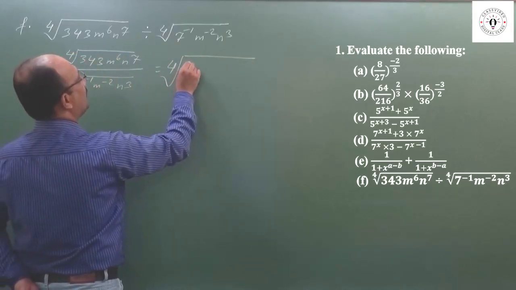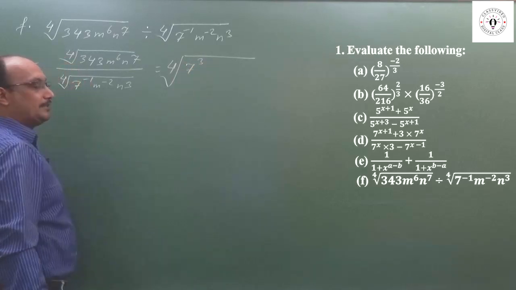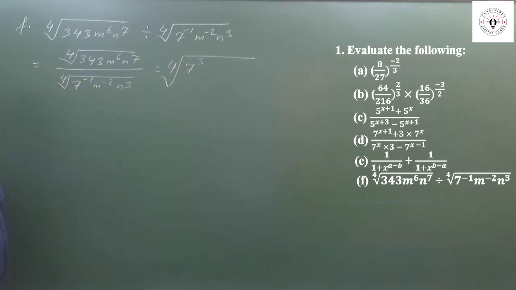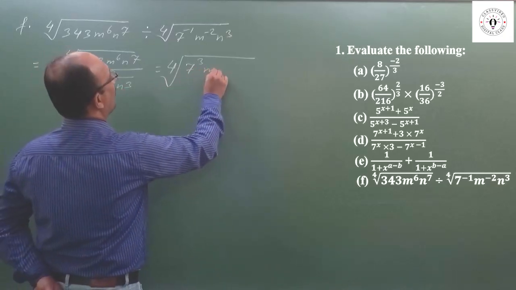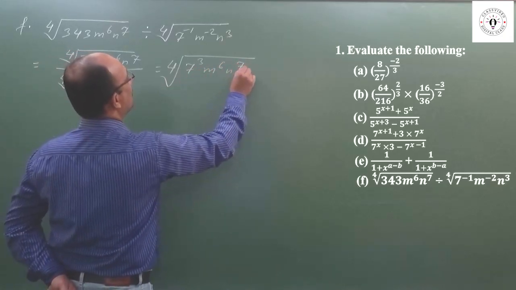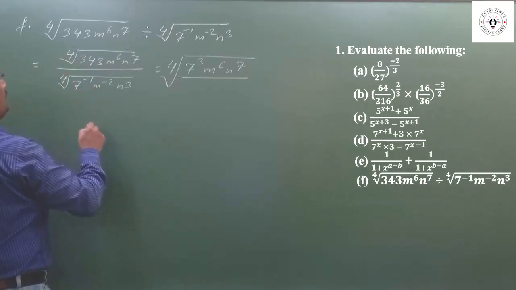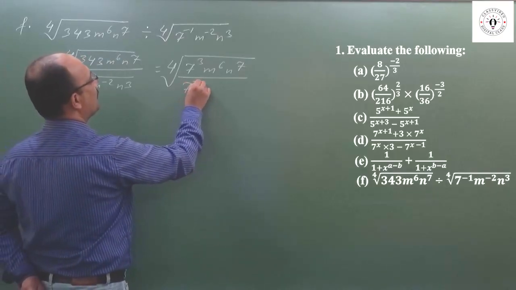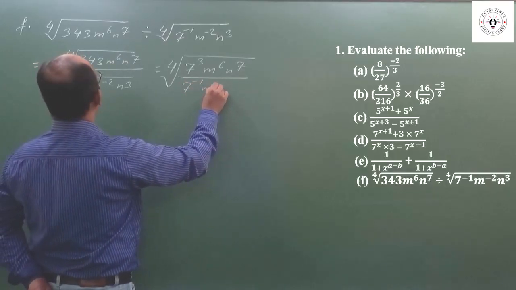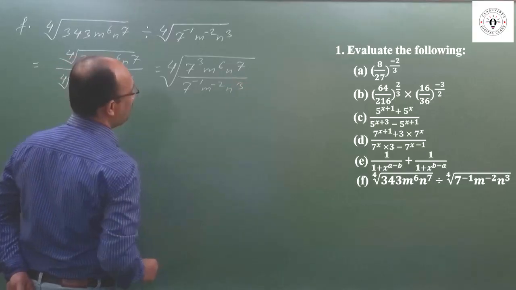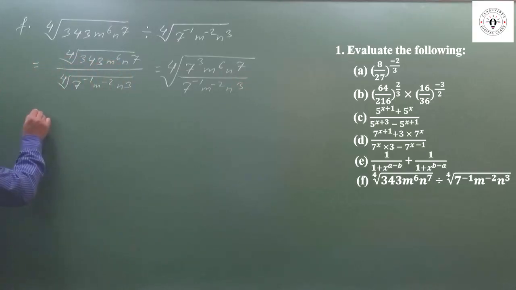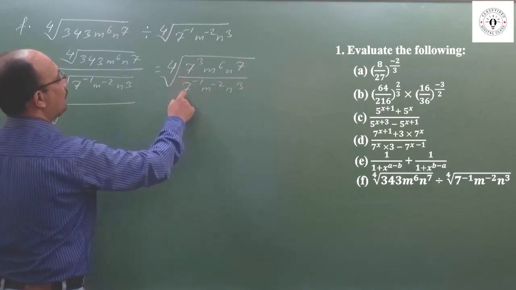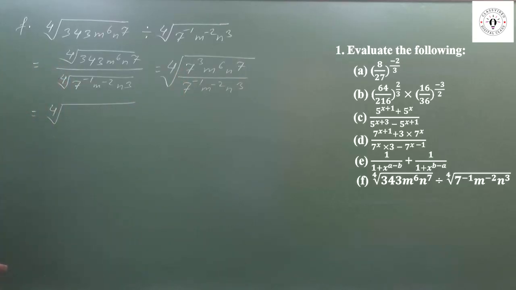343 can be written as, student, 7 cube because 7 sevens are 49 and 49 into 7 is 343. M to the power 6, n to the power 7 same. In denominator same 7 to the power minus 1, m to the power minus 2, n to the power 3. Now look here, this fourth root same, these two have same base and upon means divide.